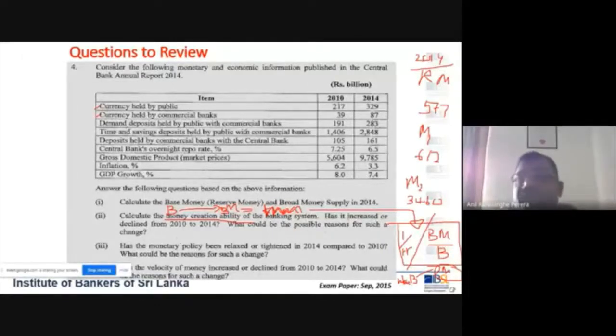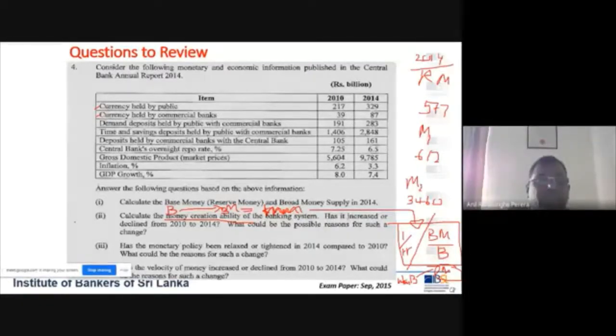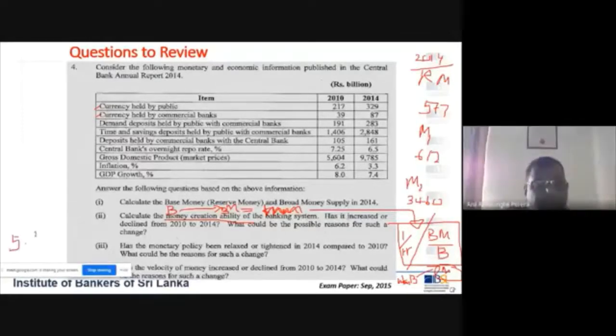Now calculate the money creation ability of the banking system. So what is the money creation ability of the banking system in 2014? That is simply you calculate the money multiplier, isn't it? Have you done it? What is the money multiplier for 2014? How do you get it? 5.997. Correct. So how do you get it?